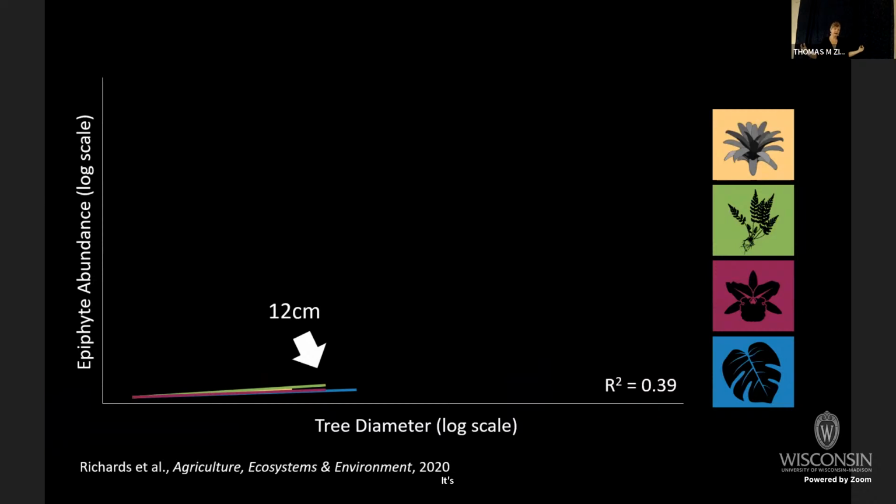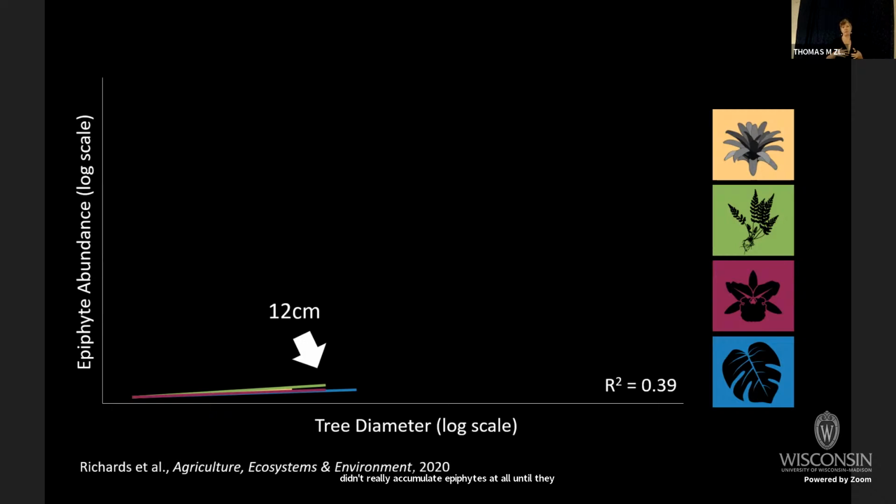So I used the spectrum of tree diameter as a surrogate for time to look at how epiphytes arrive in these trees, how they colonize these trees that are in the coffee farms. So I found that trees didn't really accumulate epiphytes at all until they were about 12 centimeters in diameter.